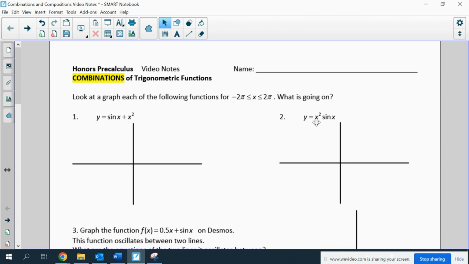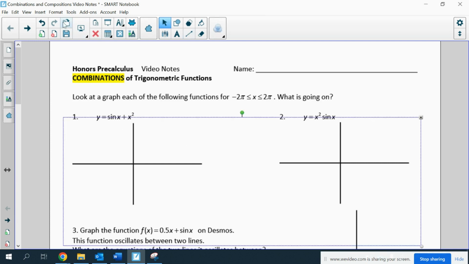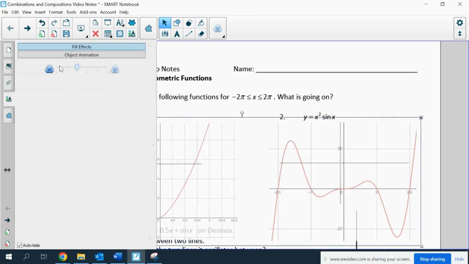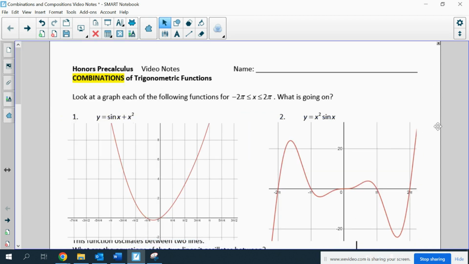Whereas here, when x squared is multiplied by sine, the fact that sine changes from positive to negative every so often means that this graph is probably going to have a little bit more weight with the sine of x than graph number 1. And if we look at these graphs, what we do find is that number 1 essentially looks like y equals x squared.